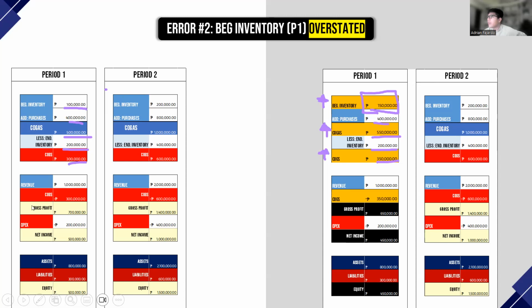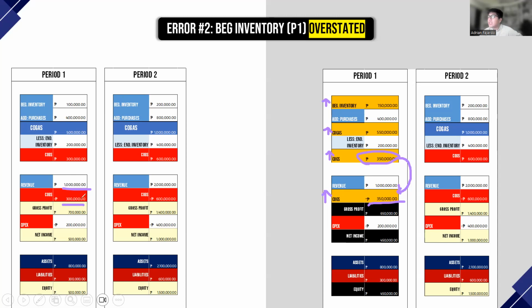So that's the first effect. Pag overstated yung beginning inventory mo, overstated si COGS. Dahil nagkamali ka sa COGS, magta-transfer yan to your income statement. So 1 million minus 350,000 na, when in fact it should be 1 million minus 300,000. So may extra 50 to. So overstated si COGS.